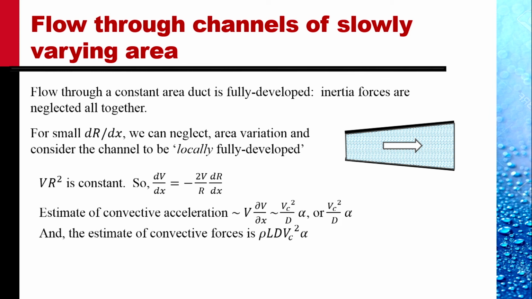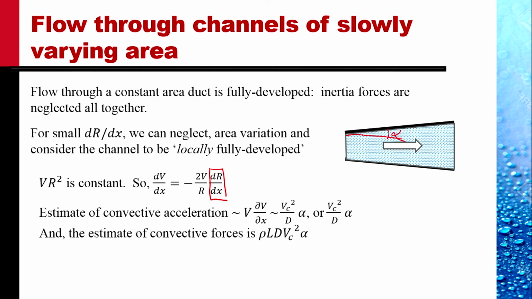This is the change of velocity with position. The estimate of convective acceleration would be like V dV by dx, and so this would be Vc square by d into alpha. Dr by dx is replaced by alpha, the angle of the slope of the wall, this angle alpha.